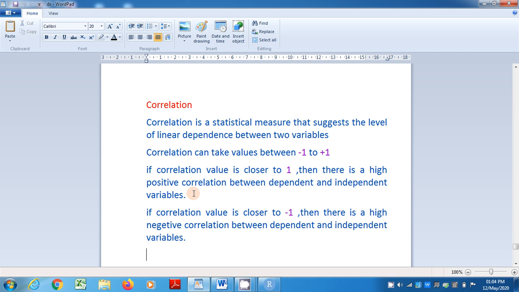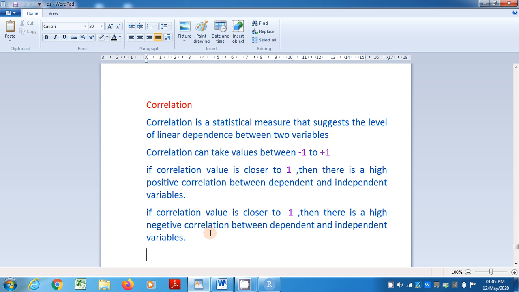If the correlation value is closer to -1, then there is a high negative correlation between dependent and independent variables. Negative correlation means the other value does not give any effect on the first value. That means the value of x is not giving any effect on the value of y.